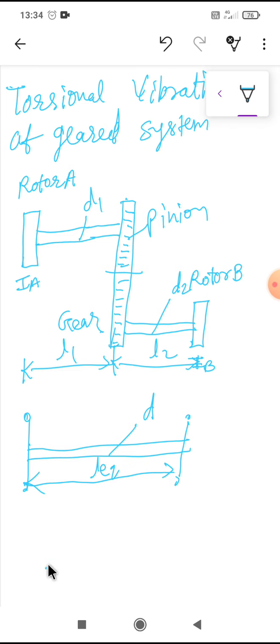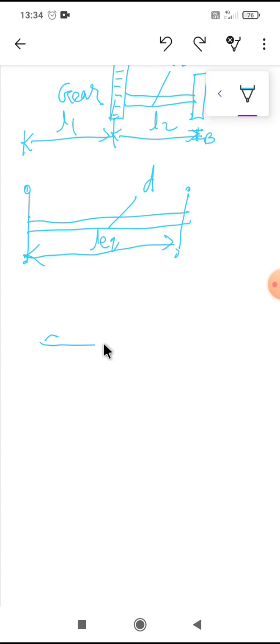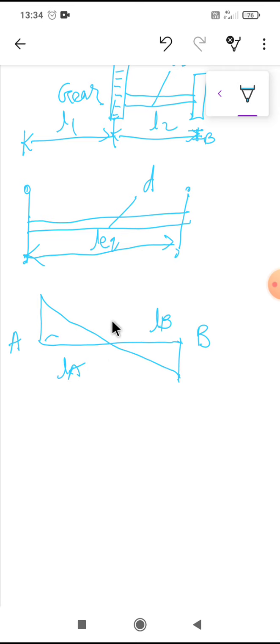The diagram for the node will be such that this is A, this is B, this is LA, this is LB, and this is the node, suppose Y.